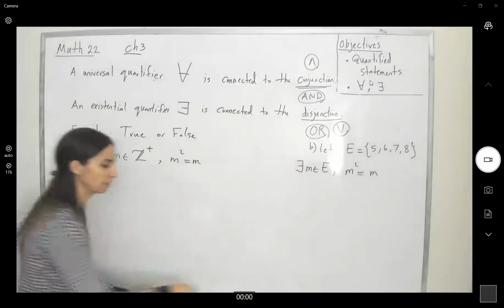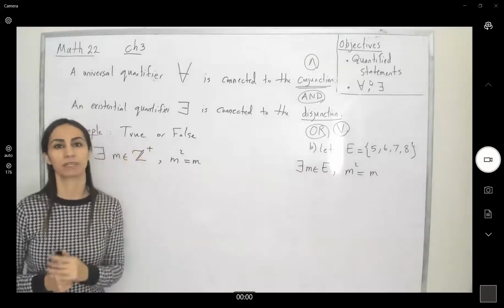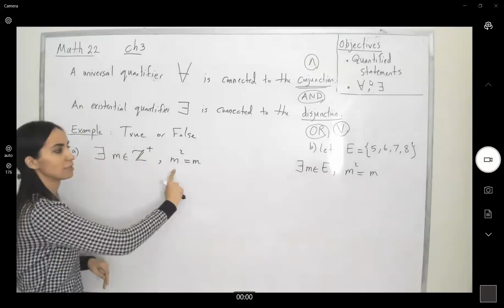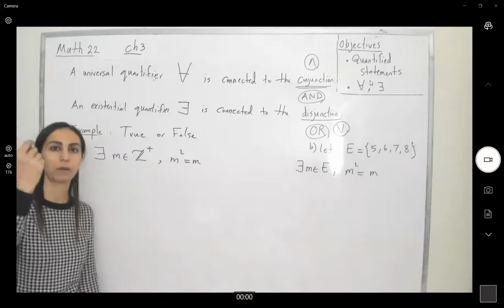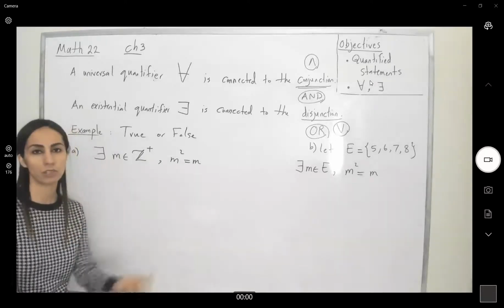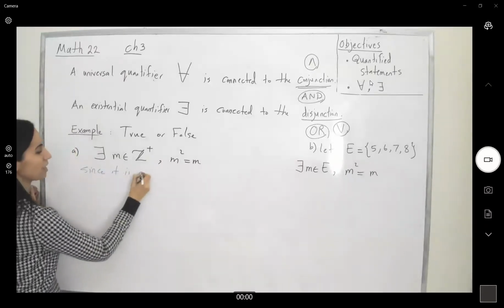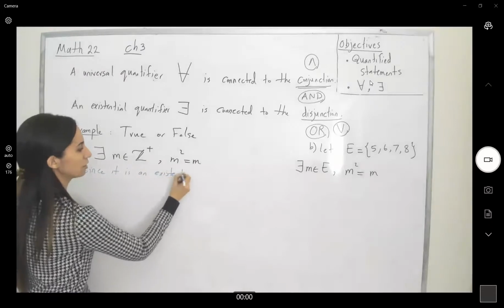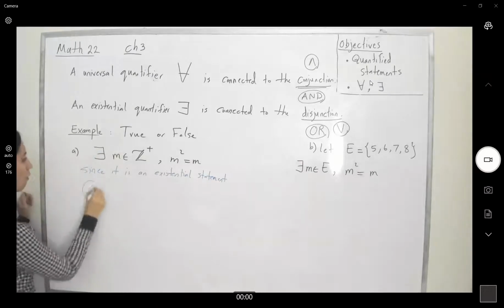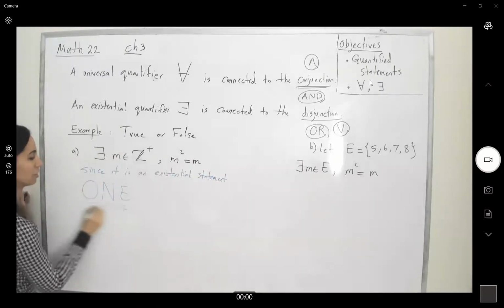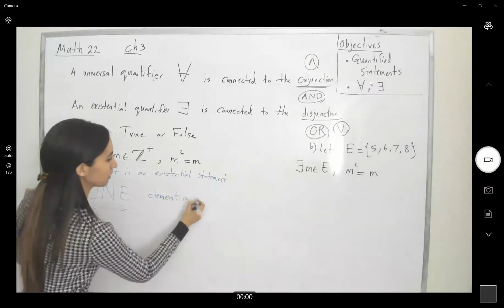This guy says, I can find at least one member. Just one member is enough for me, such that this equality is true. Well, can I find one number that satisfies this equation? Of course. So since it is an existential statement, one element, one member is enough.